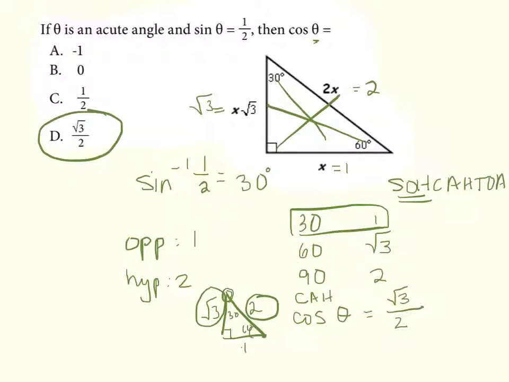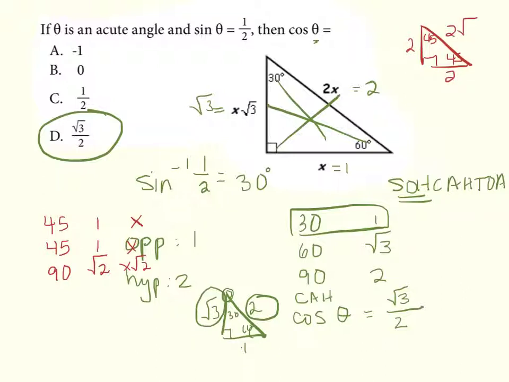Another special right triangle that you should memorize is the 45, 45, 90. The 45, 45, 90 is just 1, 1, square root of 2, or x, x, x square root of 2. So if you're given a triangle where this is 45 degrees, this is 45 degrees, and this is 2, then this is 2 square root of 2.